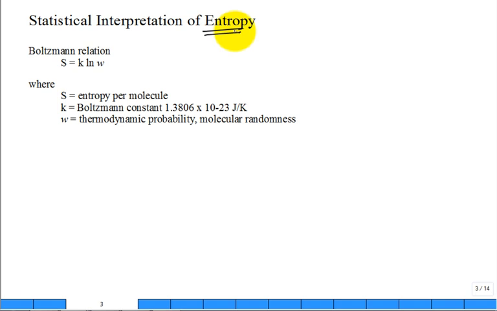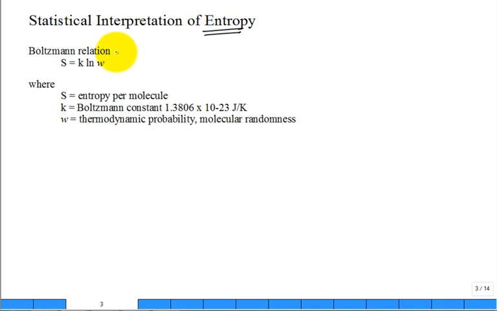It was described as the molecular disorder of the system. If you have a higher level of disorder, randomness, and variability, you have a higher entropy value. Good enough? Most of you are happy? That's nice. But they struggle with exactly how to express that in equation form.